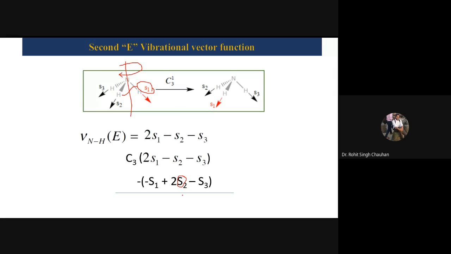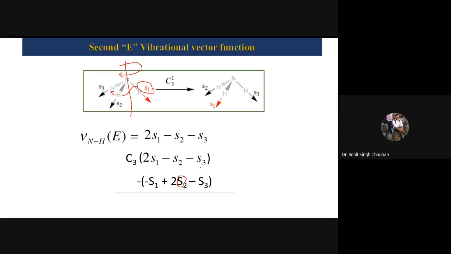Here it is plus, so you write plus. Now we will move towards S2. What would happen for S2? This S2 is going to sit here, so S2 will become S3. So we write S3 here. As I told you, it should be written as it is, so here it is minus. That's why you write a minus.